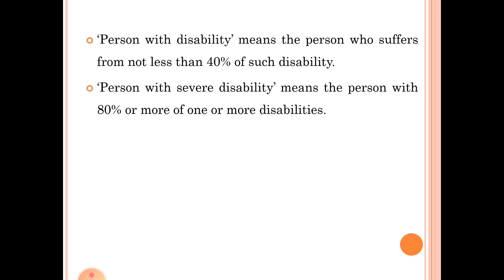So, this is the end of your general deduction under section 80. So far we discussed many sections. They are 80C, 80CCC, 80CCD, 80CCE, 80D, 80DD, 80DDB, 80G, 80GG, 80GGA, 80GGB, 80GGC, 80P, 80TTA, 80TTB and 80U.